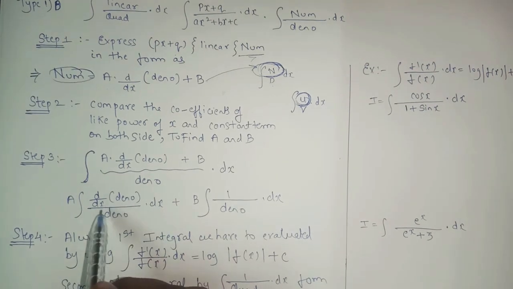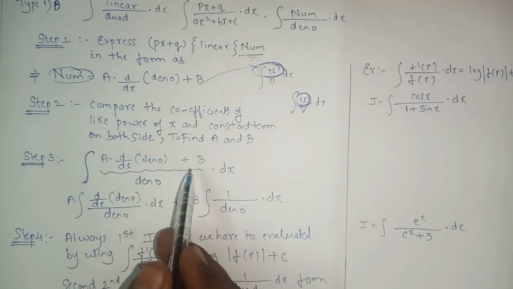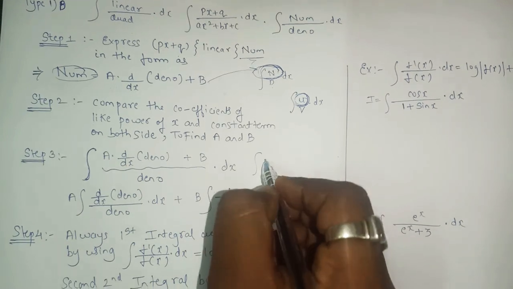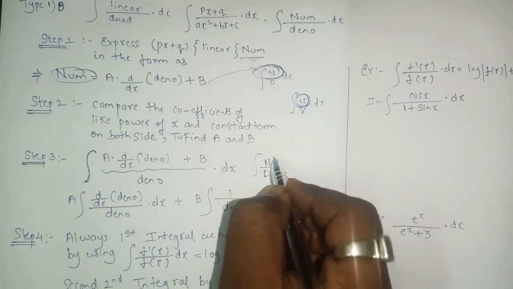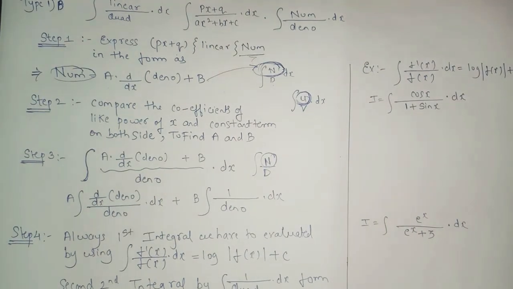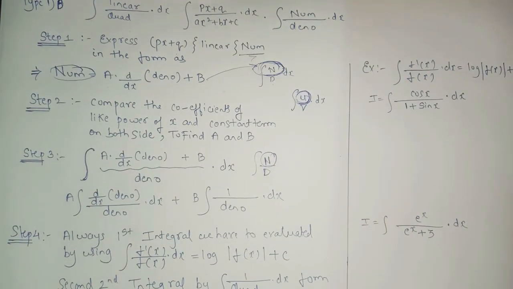So that is what I have written here: in place of the numerator I wrote a into derivative of denominator plus b. Can you see?